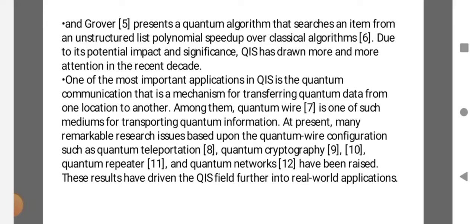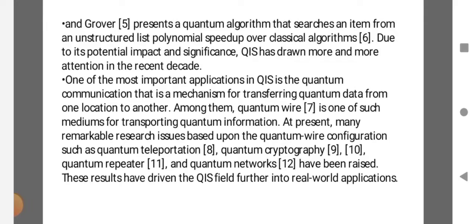And Grover presents a quantum algorithm that searches an item from an unstructured database with a polynomial speedup over classical algorithms. Due to its potential impact and significance, QIS has drawn more and more attention in the recent decade.